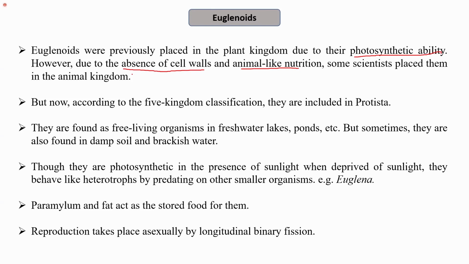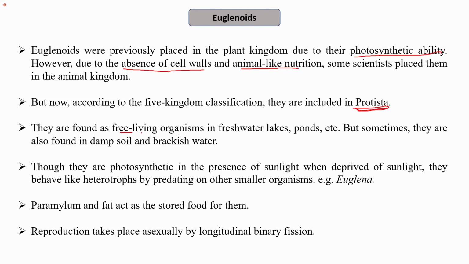They have the photosynthetic ability of plants, while they lack cell walls, due to which they resemble animals, and people have tried to put them in the animal kingdom as well. But now, according to the five kingdom classification proposed by R.H. Whittaker, they are placed in the kingdom Protista.